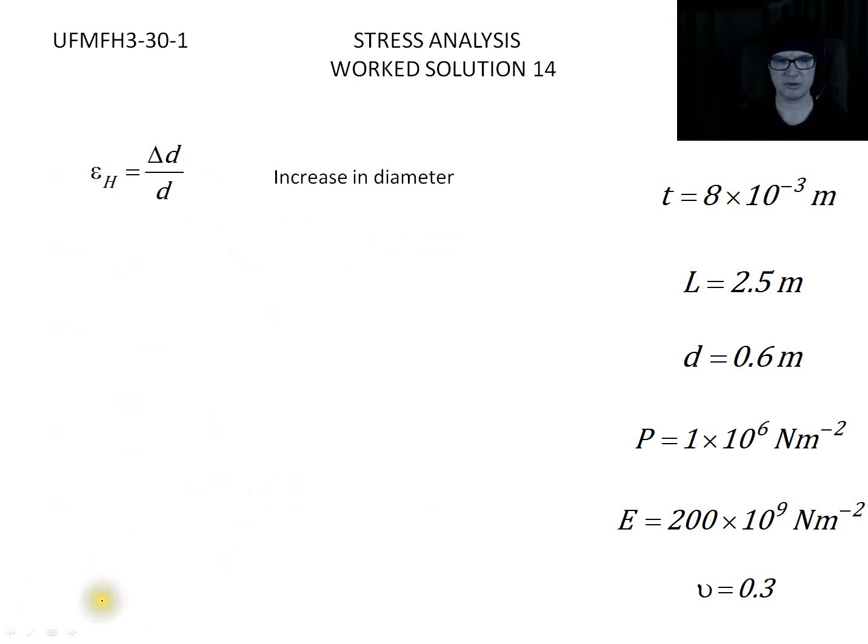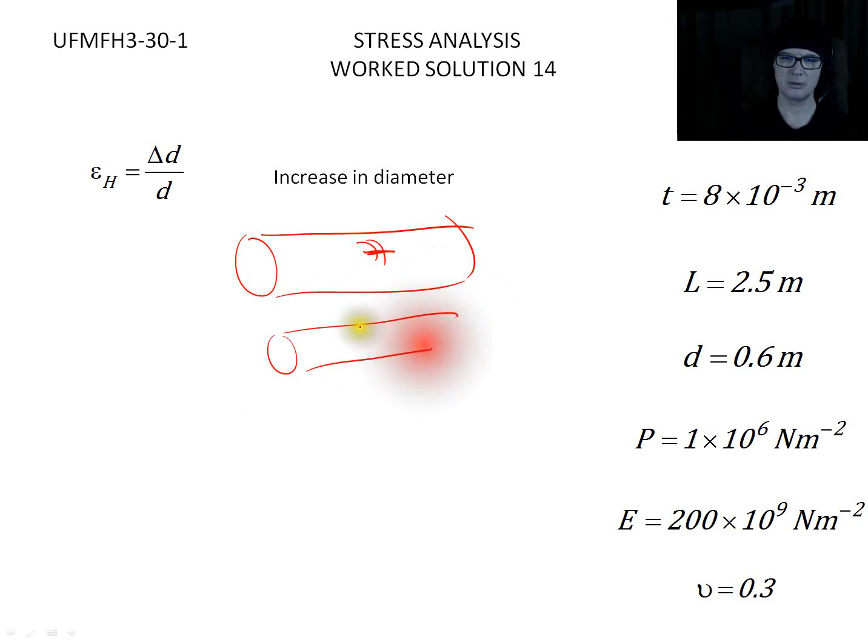Next we're going to look for the change in the diameter. So hoop strain, that's how much things are getting pushed outwards and then potentially cracking in this direction. So that's going to be based on the diameter, and longitudinal, that's if this thing is splitting into two.